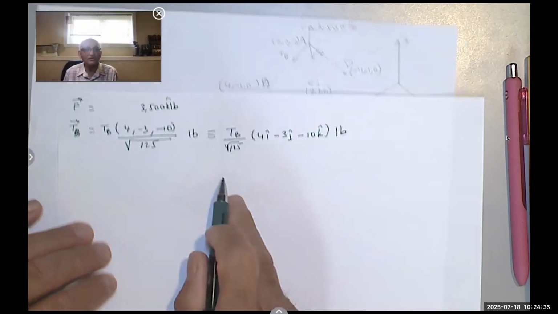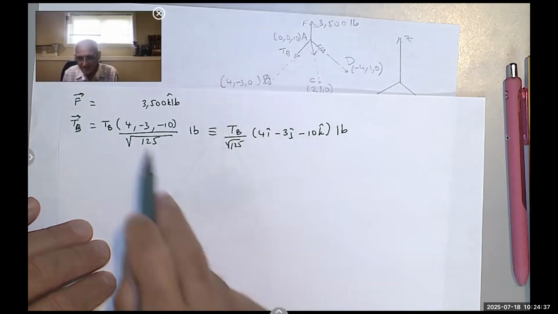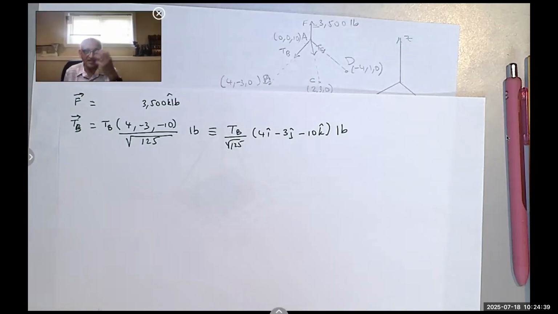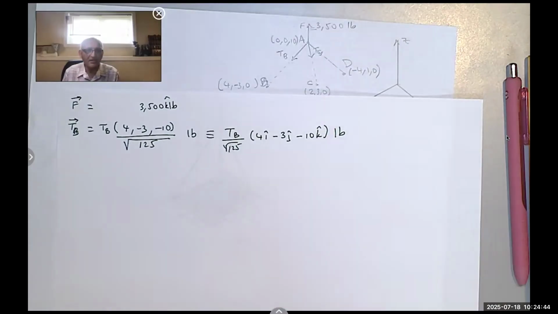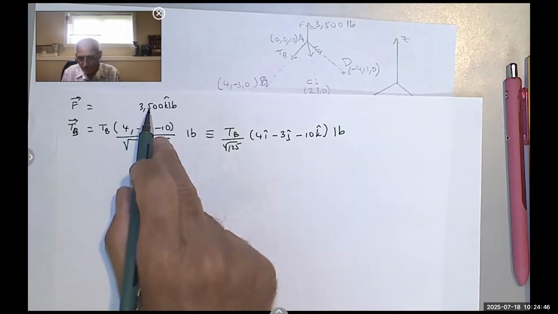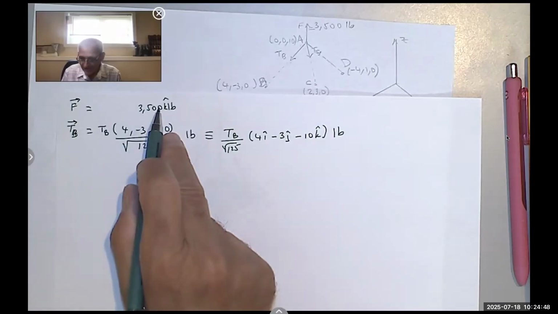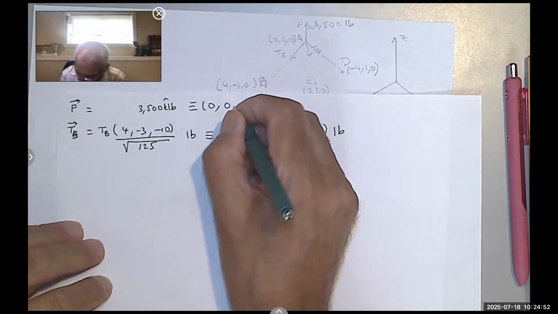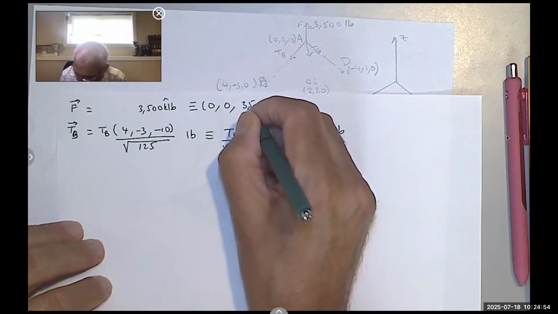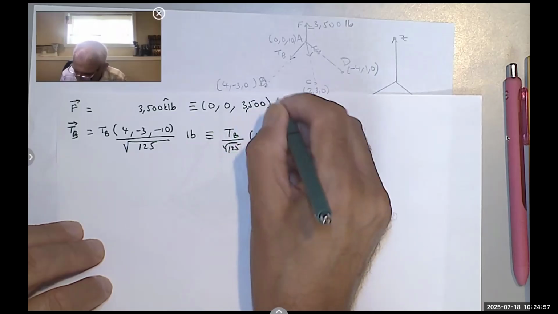Either or. This is vector form. This is called components form because I give you the X component, the Y component, the Z component. Both are fine. Like this, you can write it as 35, or you can write it as 0, 0, 3,500 pounds.